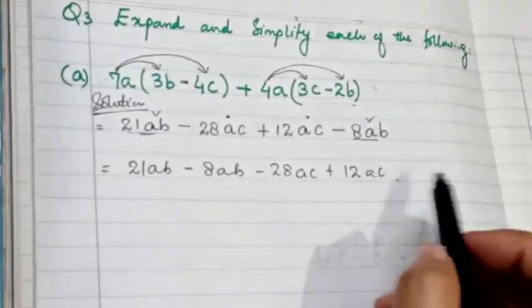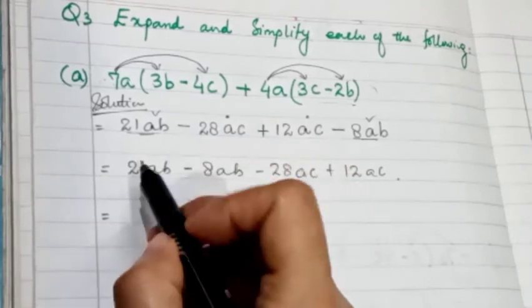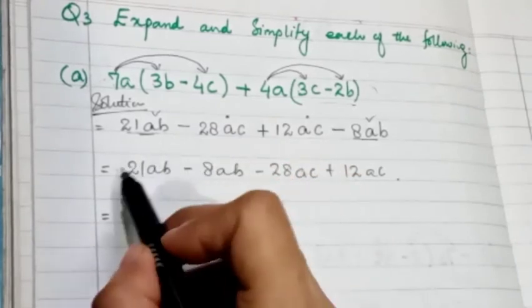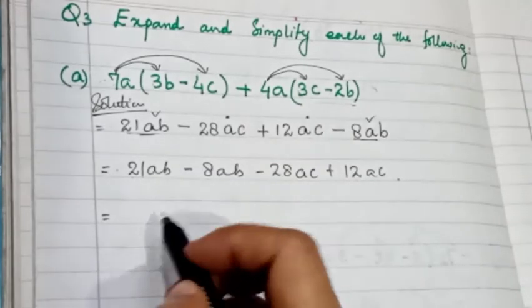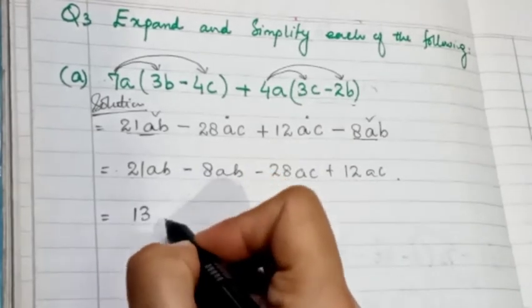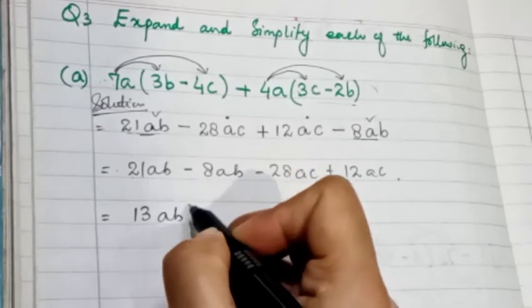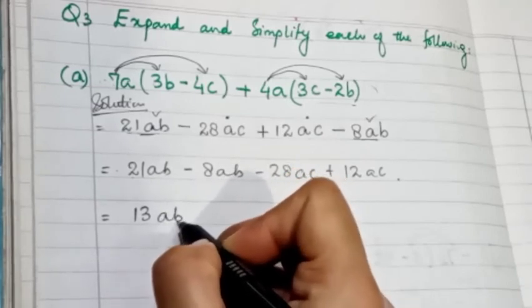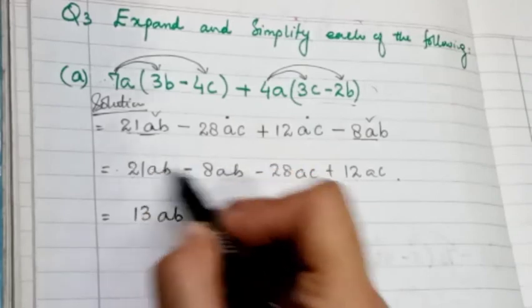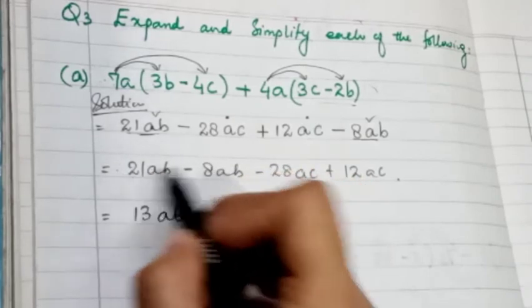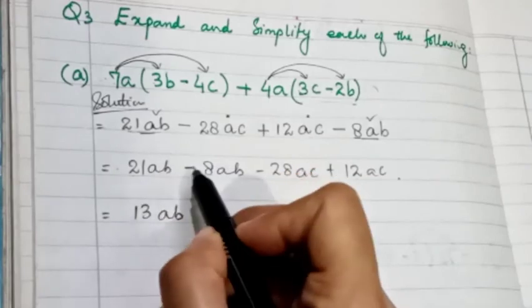Plus 21ab and minus 8ab, plus minus minus, we have to subtract these two terms. So 21 minus 8 will be 13ab. We have to put the sign of the bigger term. Here we have 21 as our bigger term and it has a positive sign, so I am writing plus 13ab.